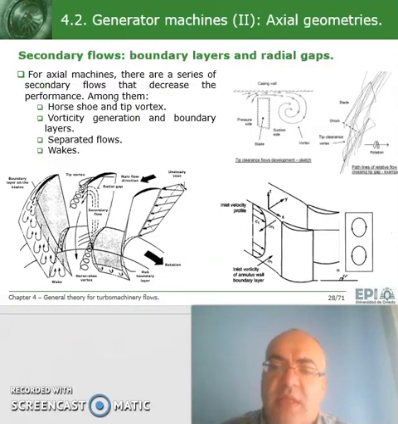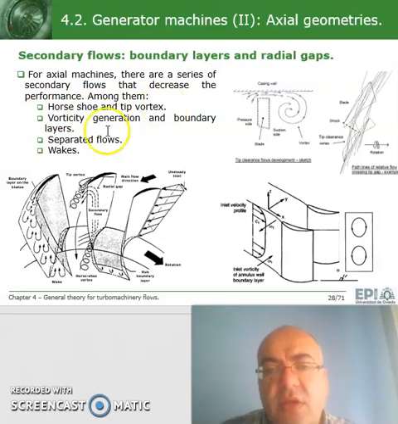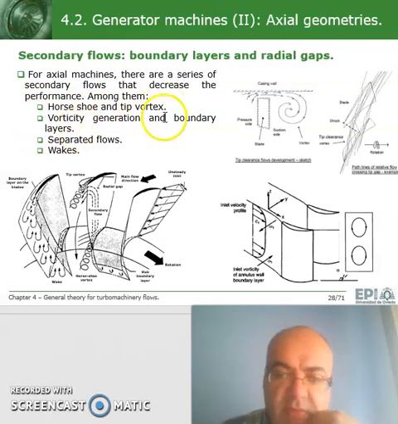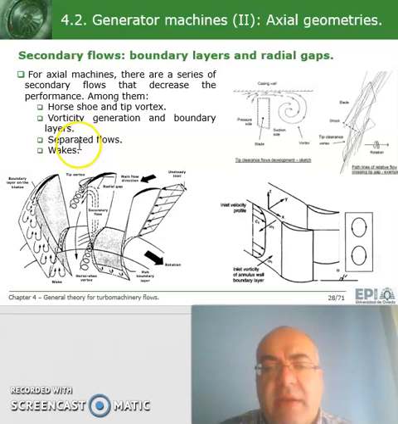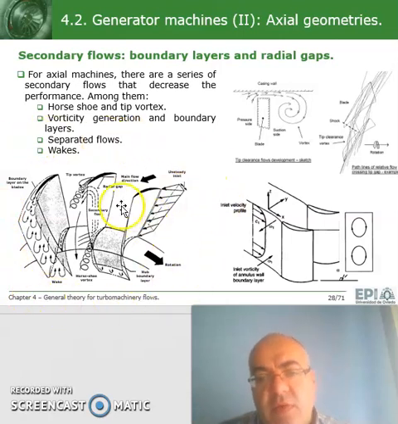And if we want to study the total or global 3D flow on the axial machine, we have to consider many other ideas, as for instance the horseshoe and tip vortex interaction, vorticity mainly generated at the boundary layer, possible separation of the flow, and possible wakes. And you have a kind of full picture here of all those ideas.